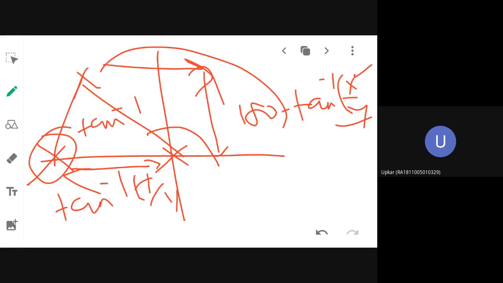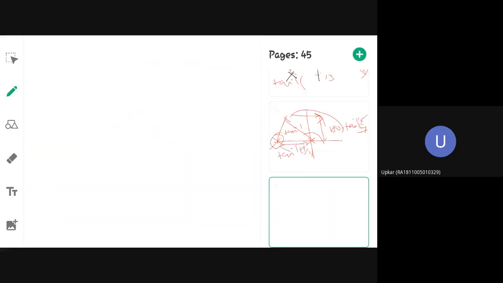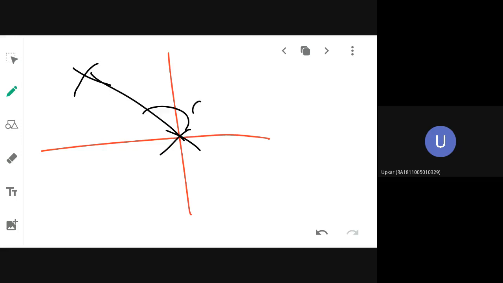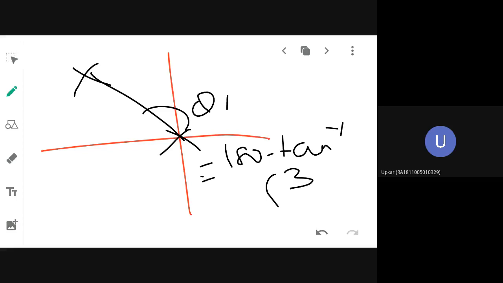Okay, so now we are going to calculate that angle. If you have a compass, you measure, or otherwise use the formula and tell me your angle of departure. This is theta 1, given by 180 minus tan inverse of 3 by 2, where the vertical distance is 3 and the horizontal distance is 2.